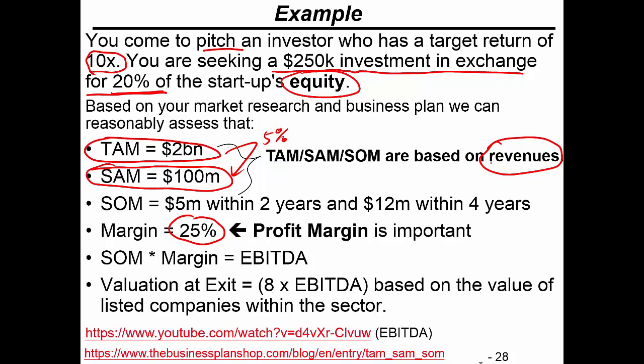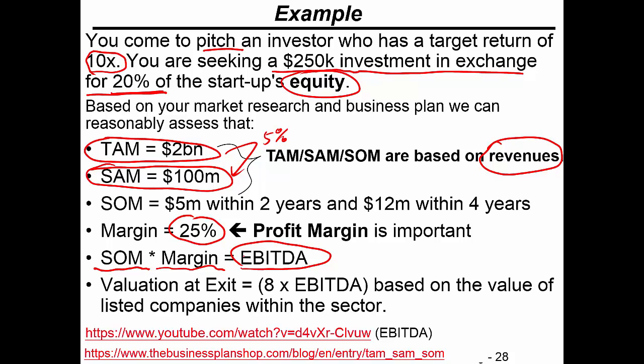Okay, we'll use this profit margin right away. So based on your SOM times your profit margin, that's what we call EBITDA. Okay, and we'll explain what EBITDA is, which is earnings before interest, tax, depreciation, and amortization. It's really the kind of profit that you're looking for.